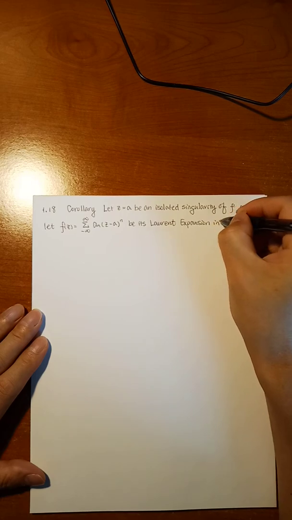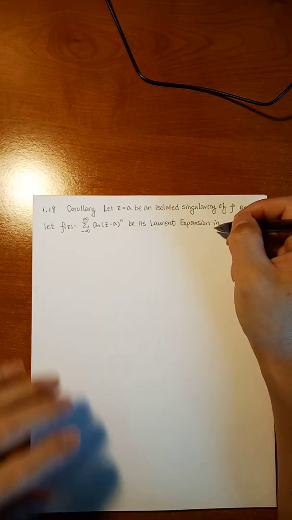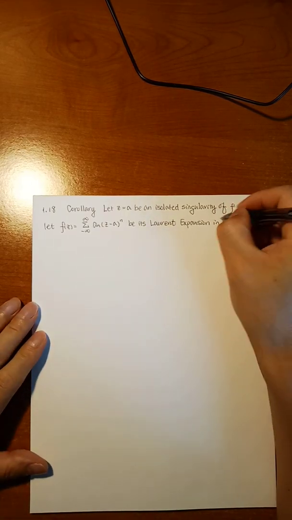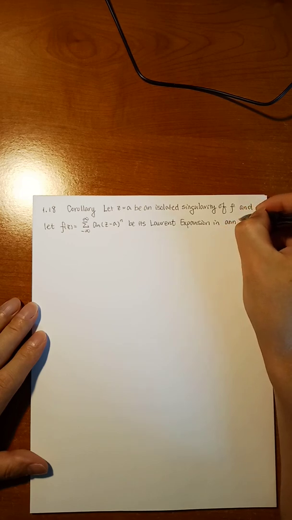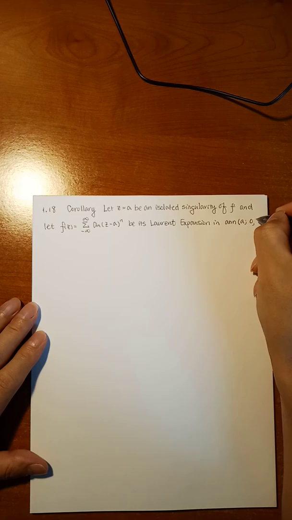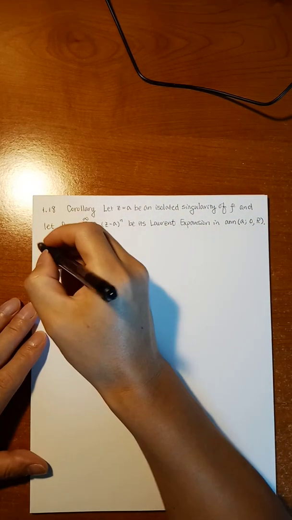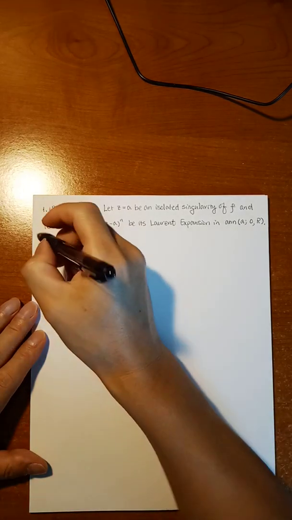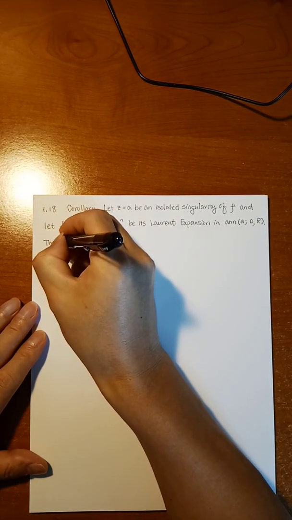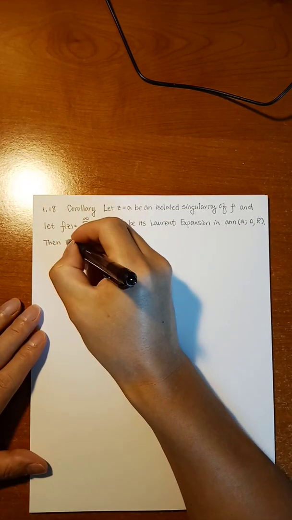In this punctured disk, the analytic annulus centered at a with inner radius 0 and outer radius R, we have the following classification.